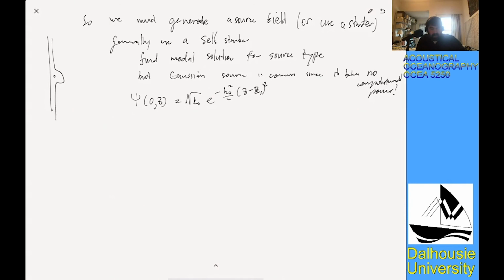Obviously it has limited angle. So it's not going to radiate necessarily the way a real source would. You're going to miss out on high energy information, but it is simple to code up.